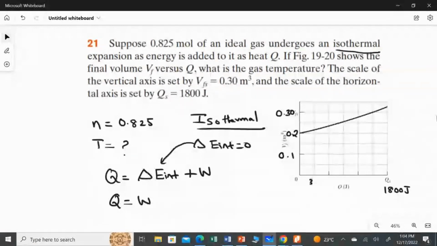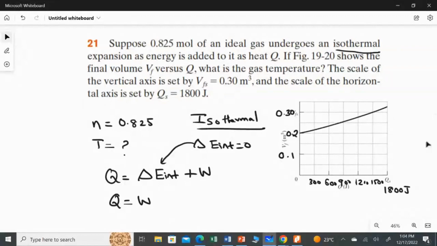This is 300, this one is 600, this one is 900, 1200, 1500, and the final one is 1800. Clear? So on the x-axis, each box is incremented by 300 joules, and on the y-axis, two boxes are incremented by 0.1 meter cube.